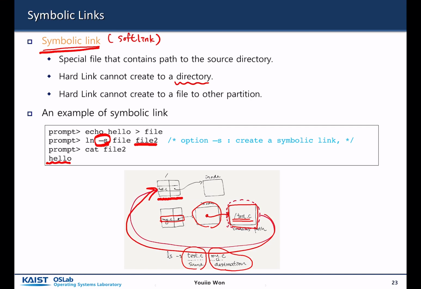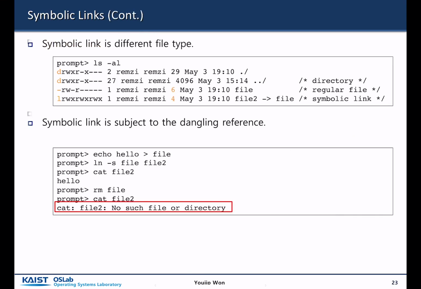So this is what the symbolic link is. So a symbolic link is a different file type. If you type ls -l, then it shows the hidden files as well as the file type. For a symbolic link, the first field is l, denoting that this is a symbolic link.